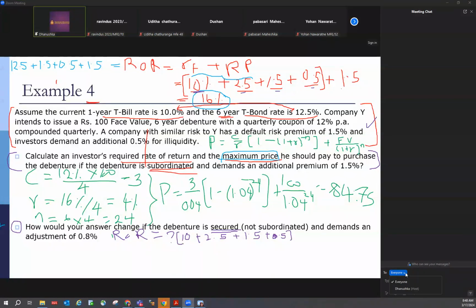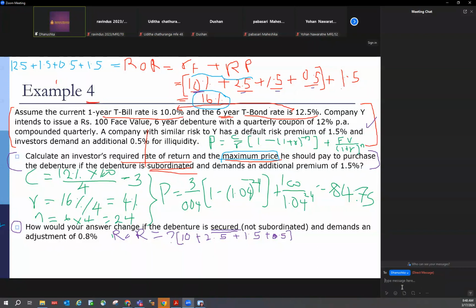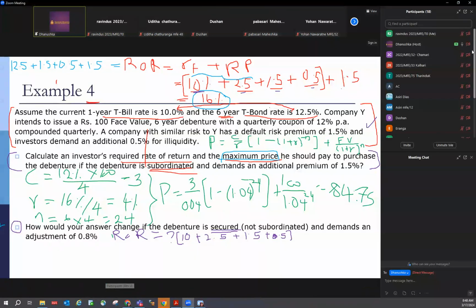So from an unsecured debenture, if you're looking at a secured debenture, what should happen to this 0.8? What's the next step? This is the required rate of return for an unsecured debenture.